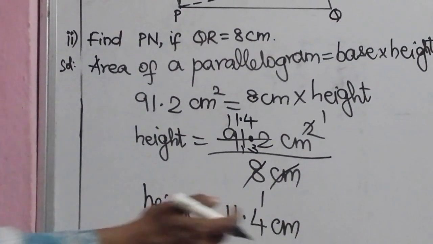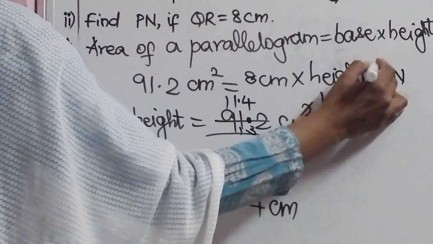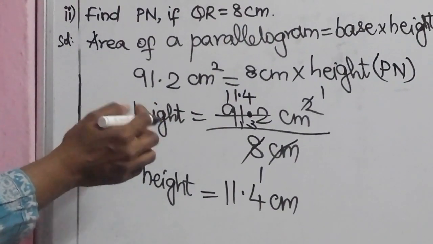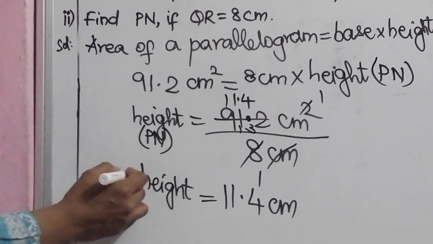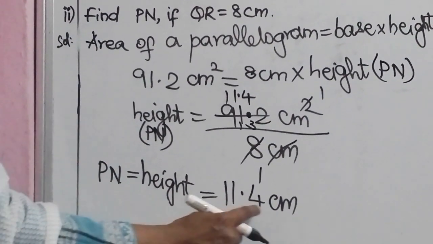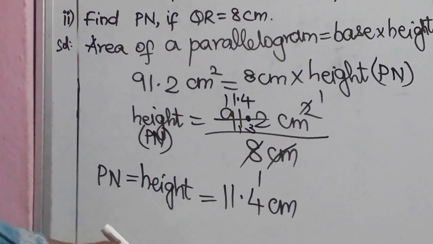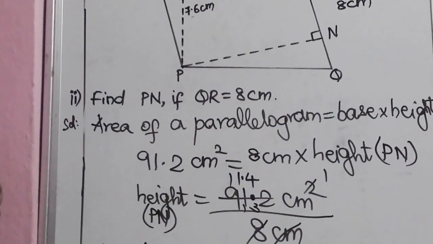This height is nothing but PN. So here height PN is this much, 11.4 centimeters. Understood this? Copy in your classwork books.